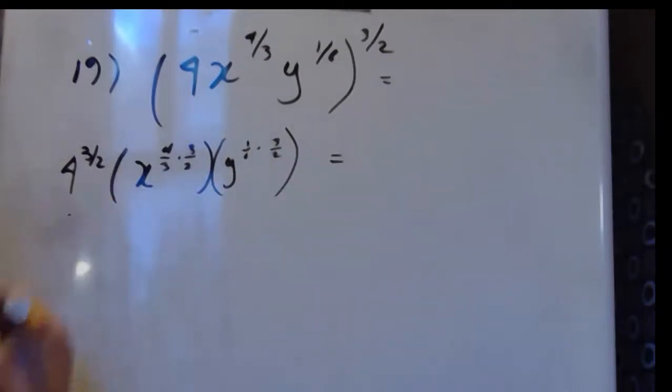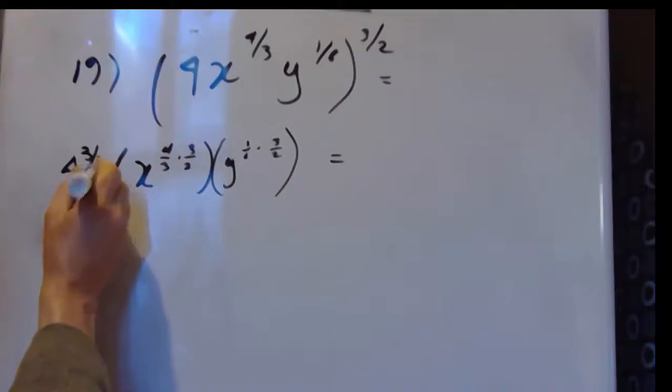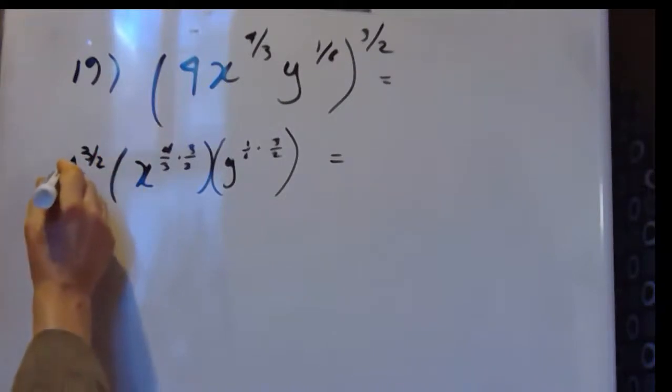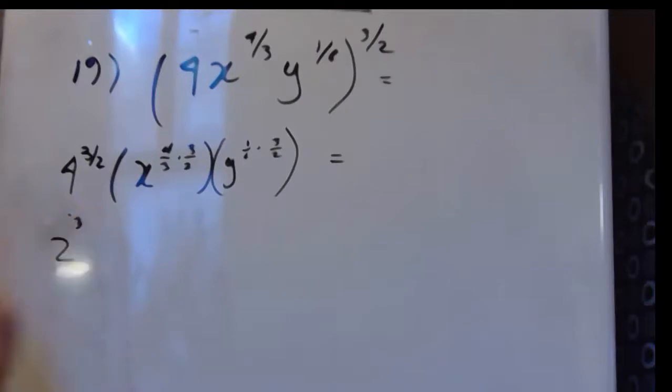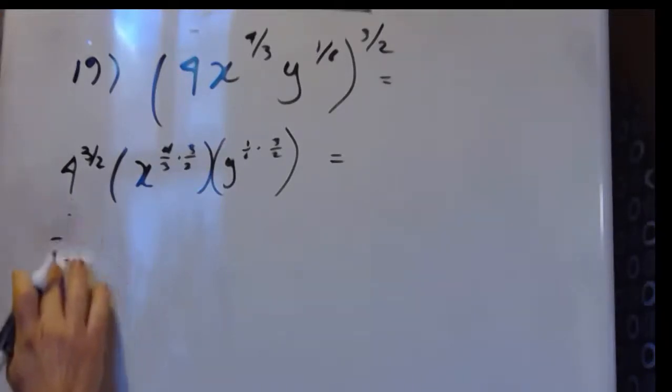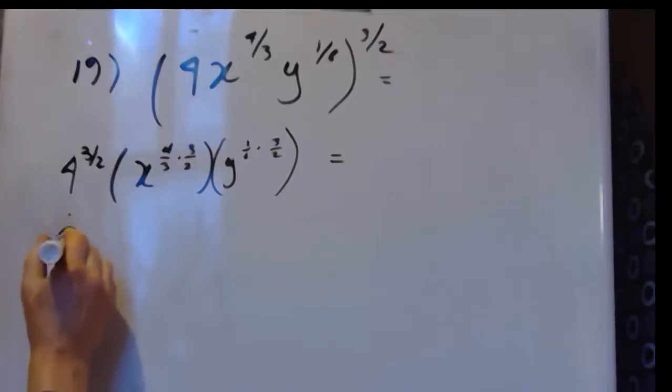Now this one, to evaluate this, remember, this will tell us the square root, and we know the square root of 4 is 2. And we bring that to the third power. So we know 2 to the third power is 8, so this will be 8 here.